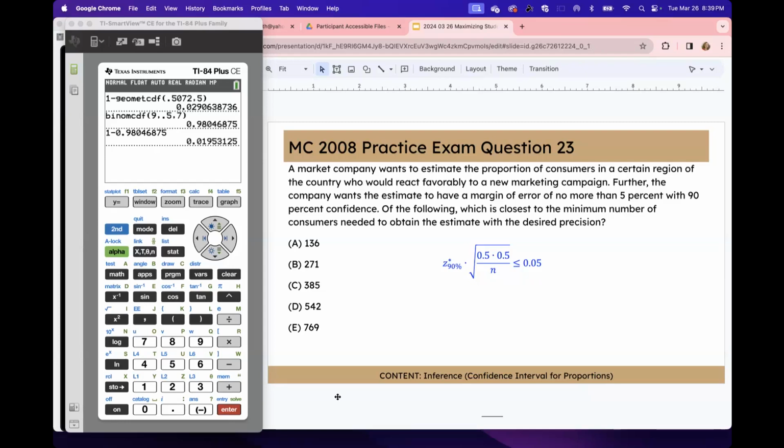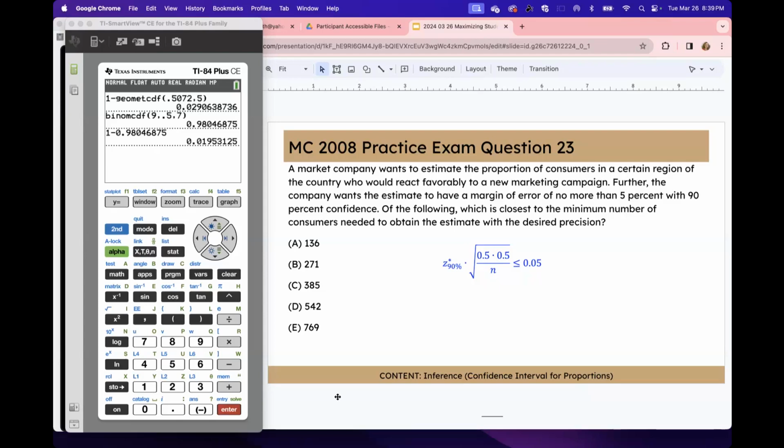Notice I do not have my p hat. They didn't actually take a sample, so I don't have a p hat value to put in here. So we put the worst case scenario that would make this the largest it could be, and that would be 0.5. That's the worst case scenario for a p hat that we could have.